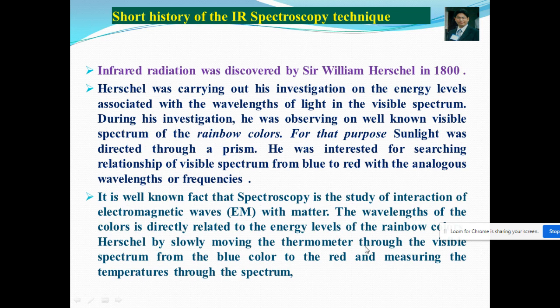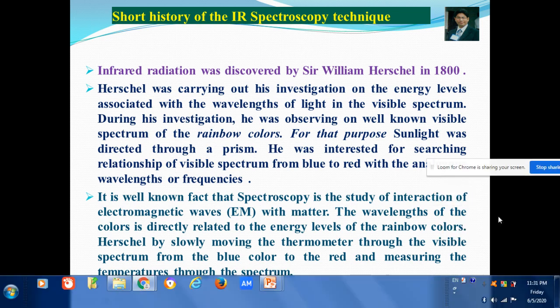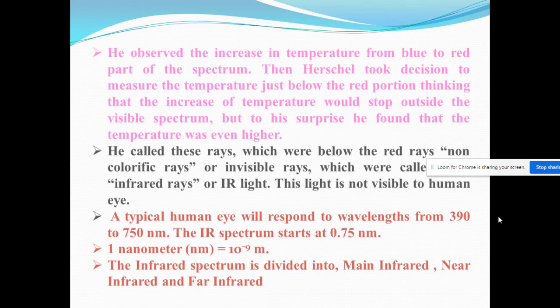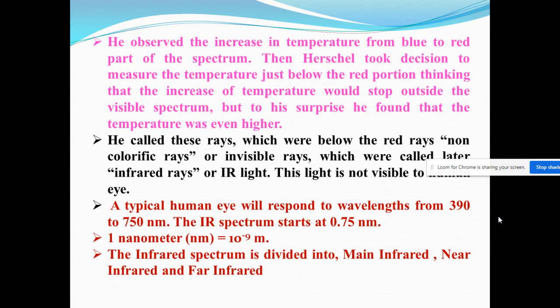It is a well-known fact that spectroscopy is the study of the interaction of electromagnetic waves with matter. The wavelengths of the colors are directly related to the energy levels of the rainbow colors. By slowly moving the thermometer through the visible spectrum from the blue color to the red color and measuring the temperatures, he observed an increase in temperature from the blue to the red part of the spectrum.